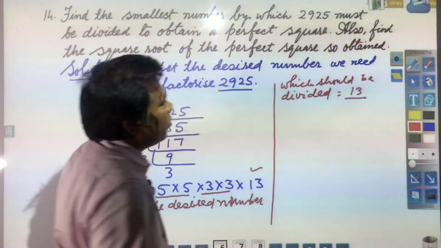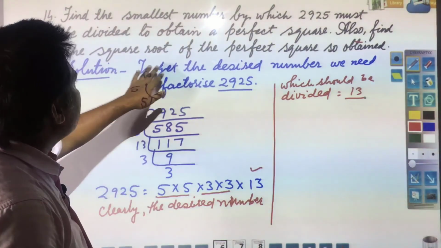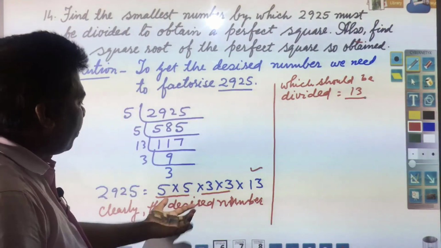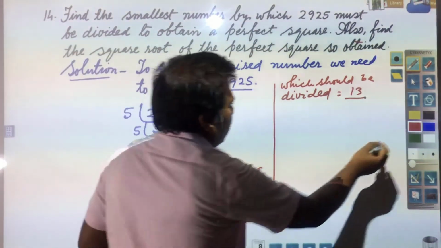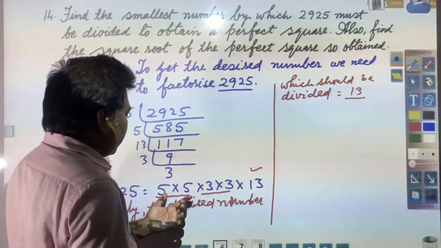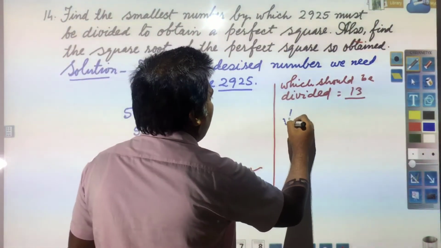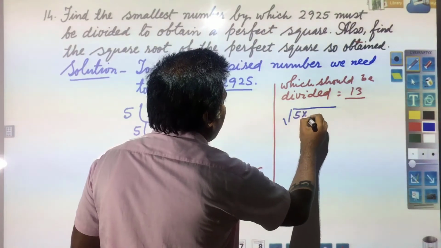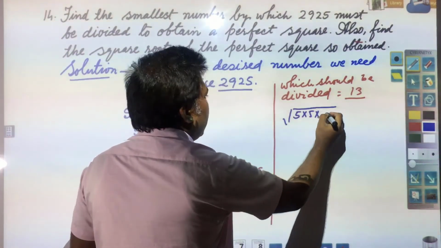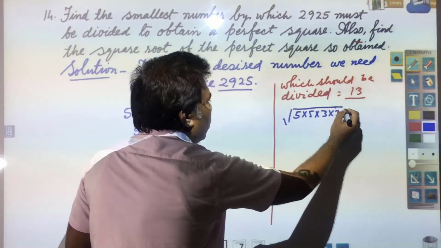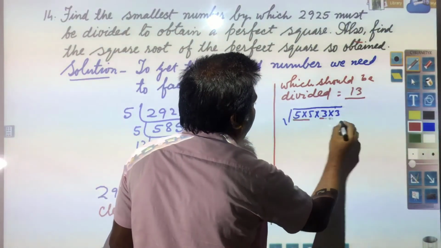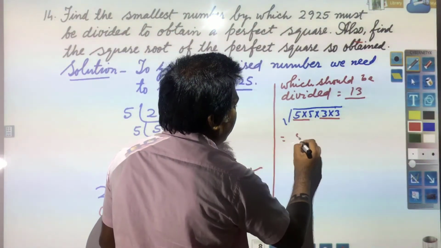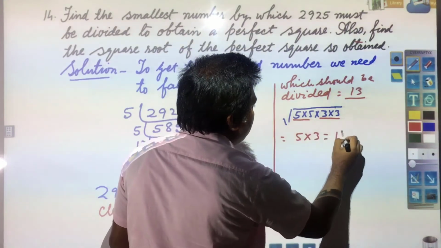This will be your answer, first part. Also find the square root of the perfect square so obtained. What square root of the perfect square will you get? Under root 5 into 5 into 3 into 3. Only 2 pairs you have, of 5 and 3. So, you will get 5 into 3, and this will be your answer.